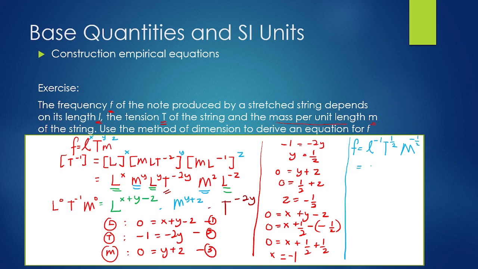So what we have here, negative 1 is 1 over L in bracket, and T is square root of T, and M is 1 over 2, 1 over square root of M. If you multiply, you have square root of T divided by L square root of M. So this is the answer F.